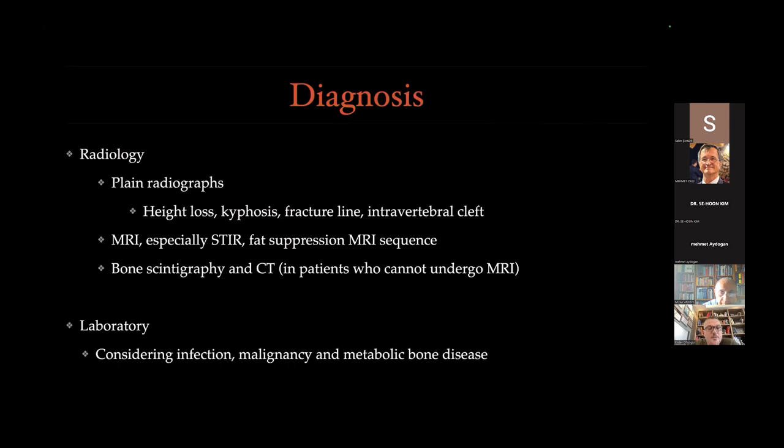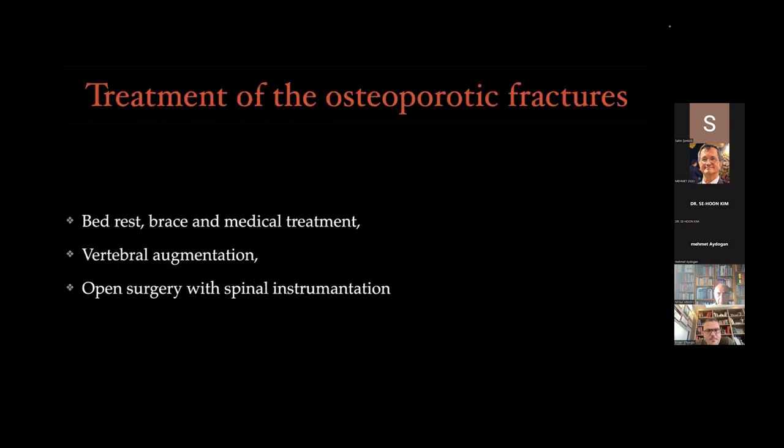MRI is the most important imaging for this disease, especially the STIR fat suppression sequence. We can see bone edema, which is very diagnostic. Bone scintigraphy or computerized tomography can be used for patients who cannot undergo MRI.